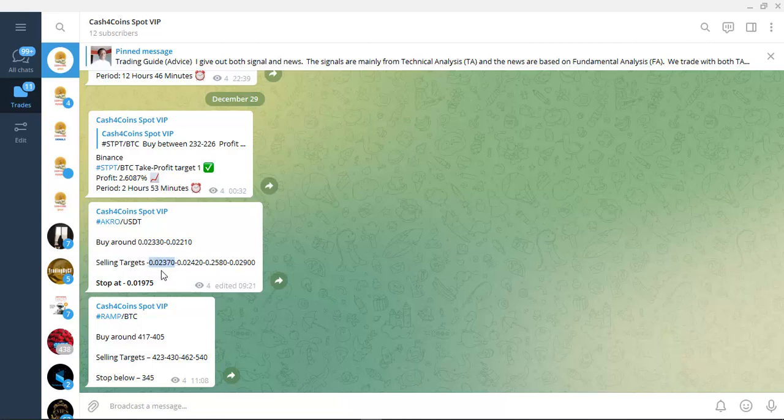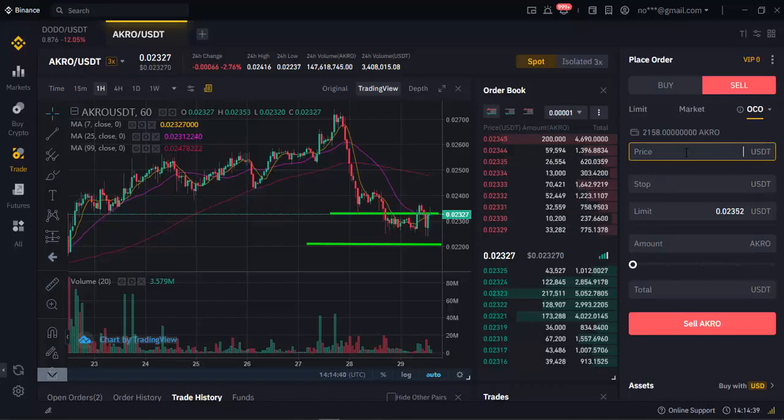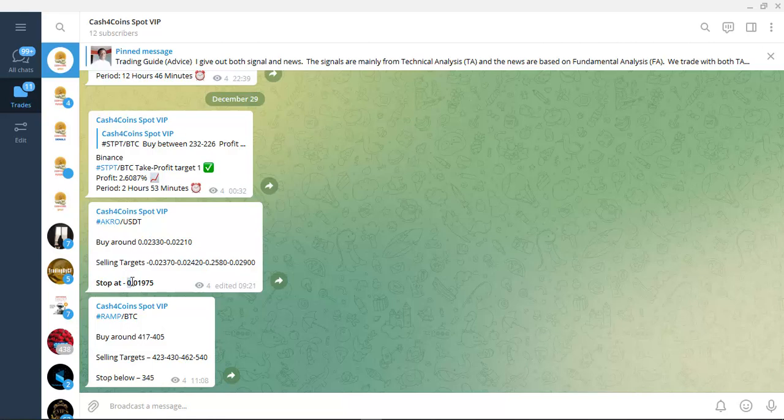Now let me explain what I mean. We are targeting this, right? And then using this to be the stop loss. This is the highest price we are targeting, and then the stop loss we are going to target is this.